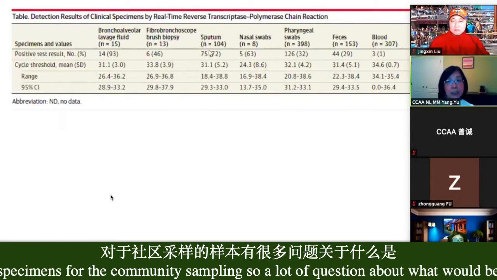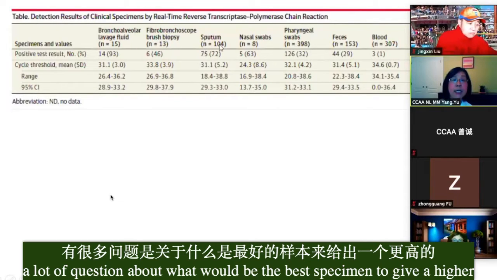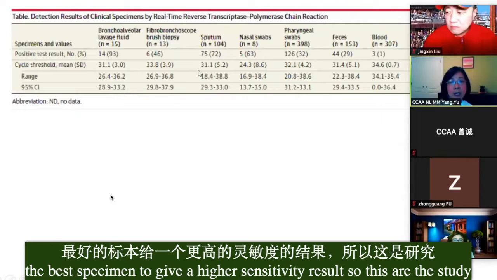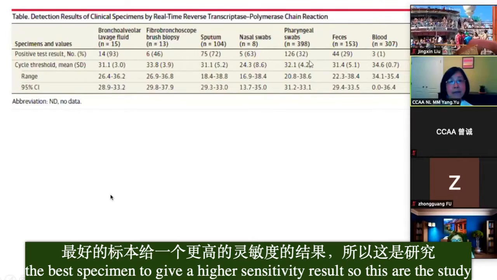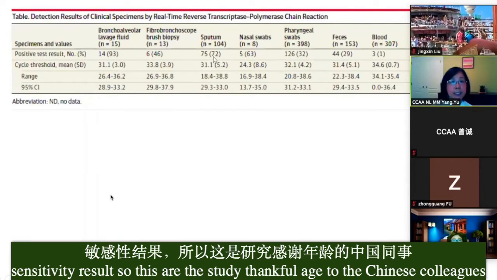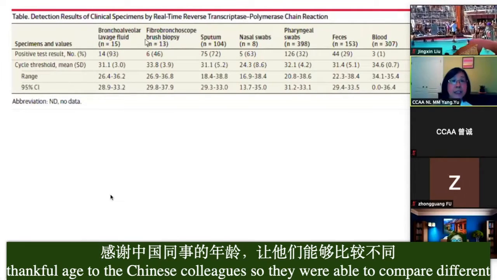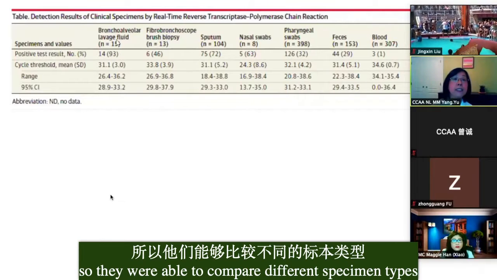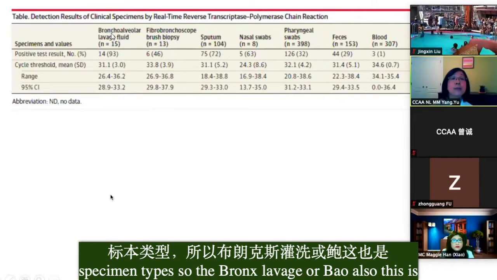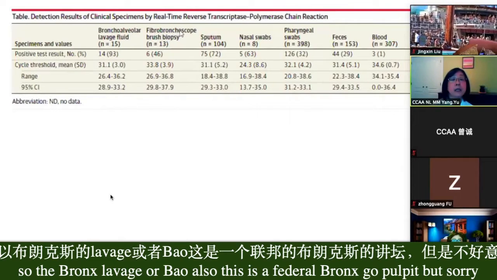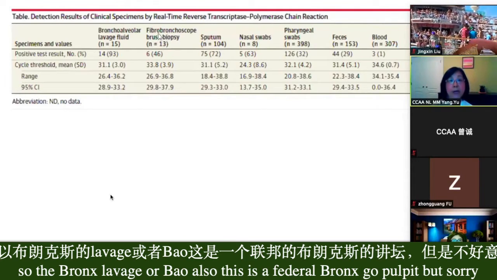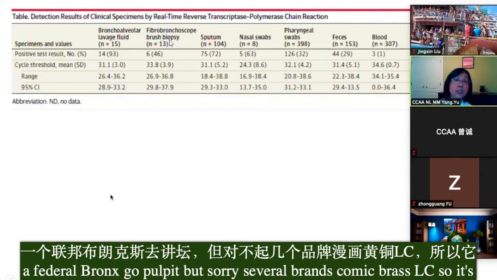So there are a lot of questions about what would be the best specimen to give a higher sensitivity result. These are the studies, thankfully from our Chinese colleagues, who were able to compare different specimen types. So the bronchial lavage, or BAL, and the fibrobronchoscopic brush biopsy.